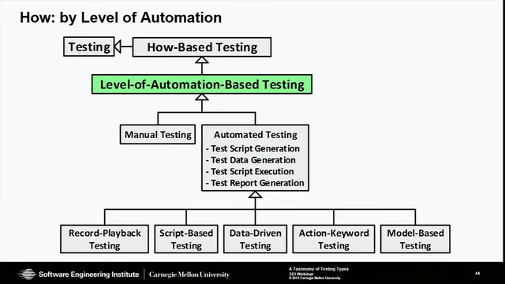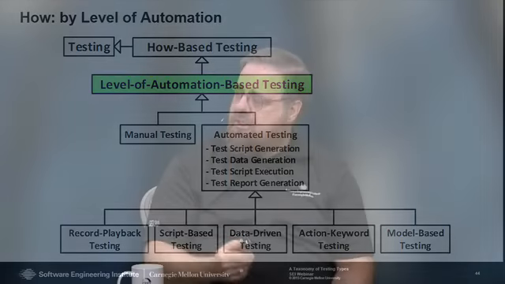And then the one I find very interesting is if you've got good quality models, you can automatically generate your testing from some of those models. So model-based testing is an idea here that is becoming more and more popular because the test models are easier to maintain than the actual test scripts themselves. And if you're doing an incremental, iterative, evolutionary, agile type life cycle where you're changing things a lot, it's a lot easier to change and maintain the test model than it is to change the test scripts and the test code.